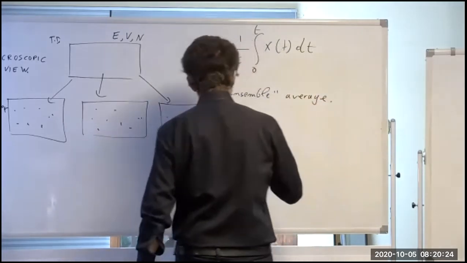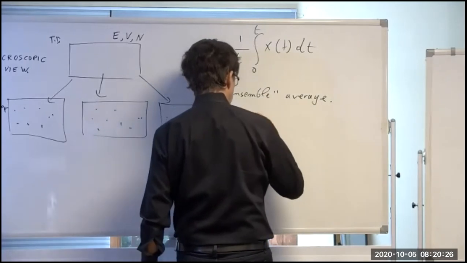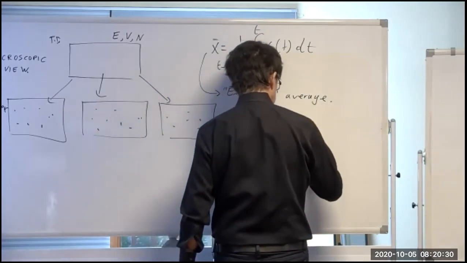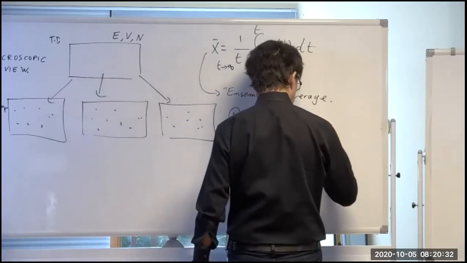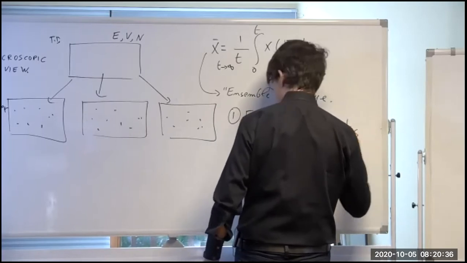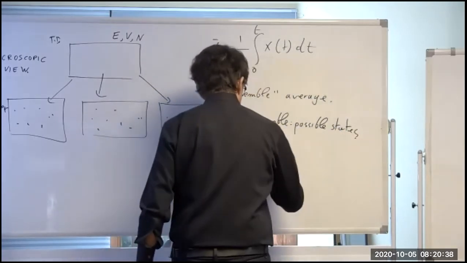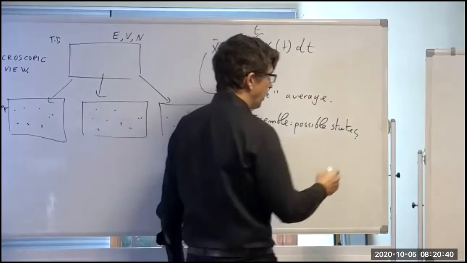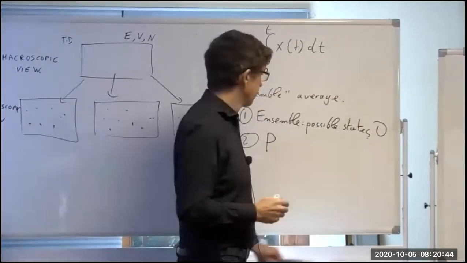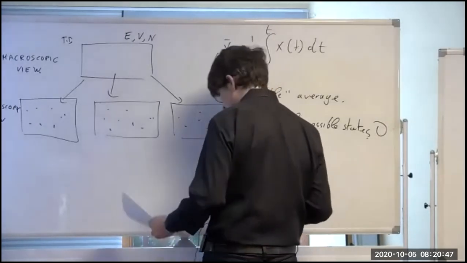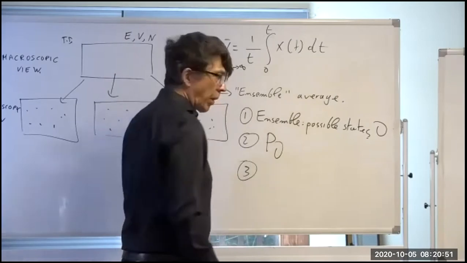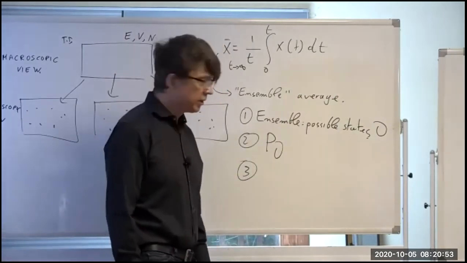And so what do we need to know? One is we need to know what is the ensemble. So what are the possible states? We need to know the probability of each state. I'm going to use the Greek letter nu for state often. And so we will need the probability of each state. And then we will calculate properties by using these probabilities, right?